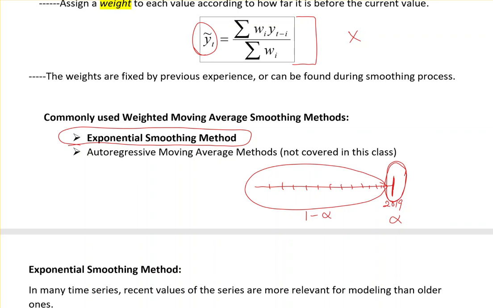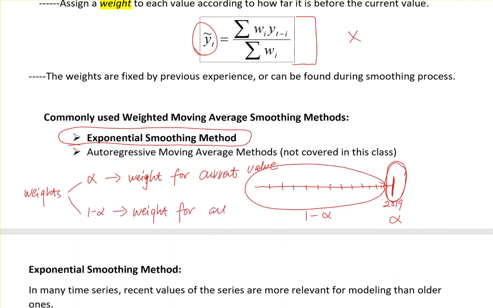So I just write here, we assign the weights. Alpha is the weight for the current value, and then the rest of the weight, which is 1 minus alpha, will be the weight for all previous values.